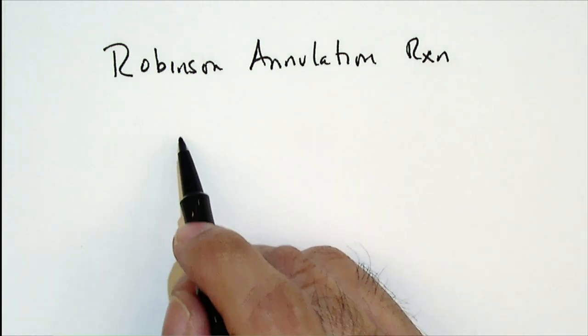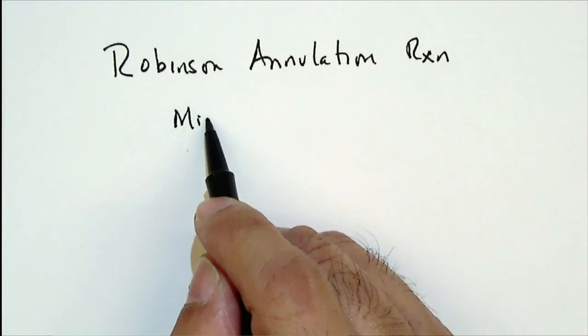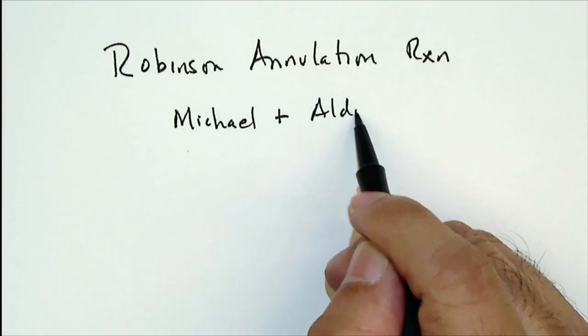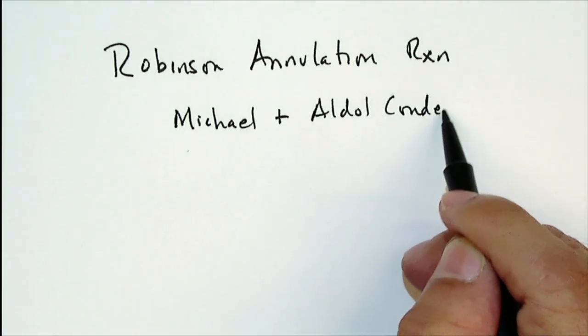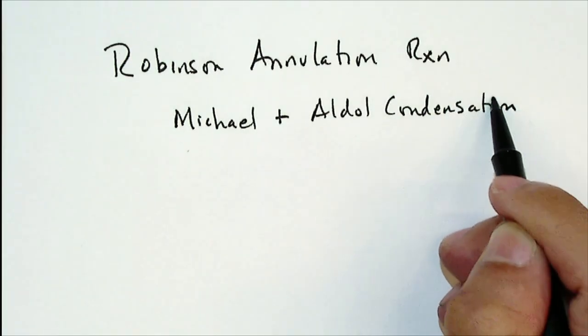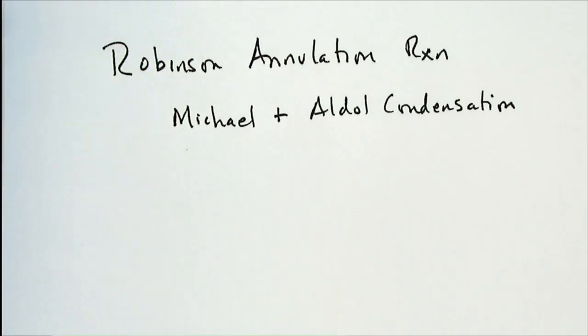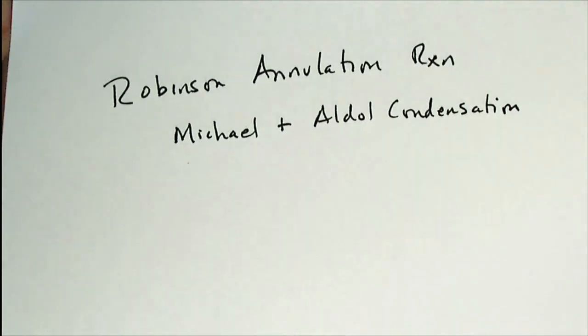A Robinson annulation is nothing more than a Michael addition reaction followed by an aldol condensation. It can get a little complex and confusing, but hopefully you can follow what I'm about to do and look at the patterns that I'm about to highlight.